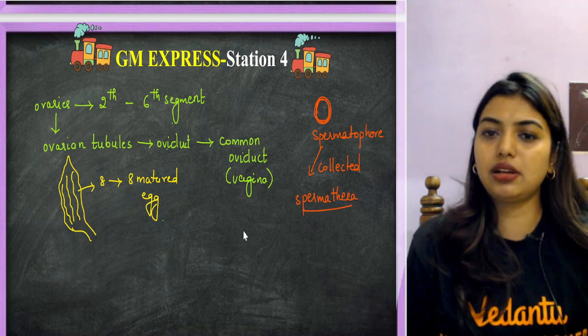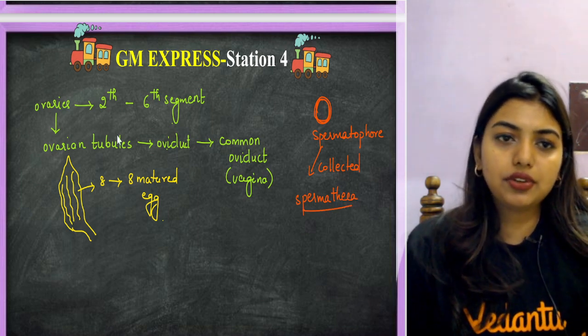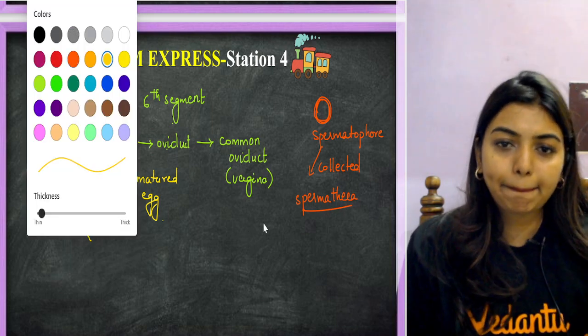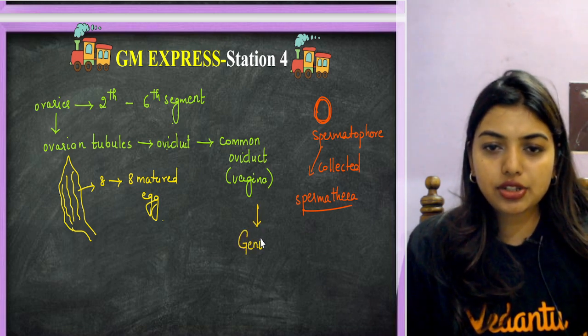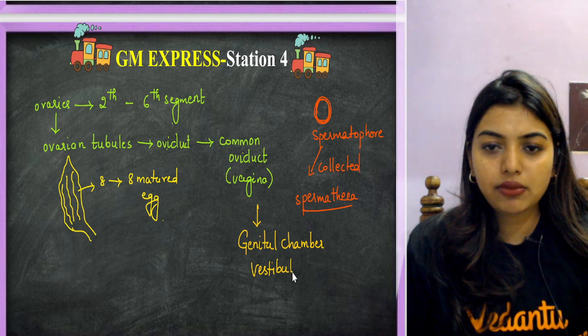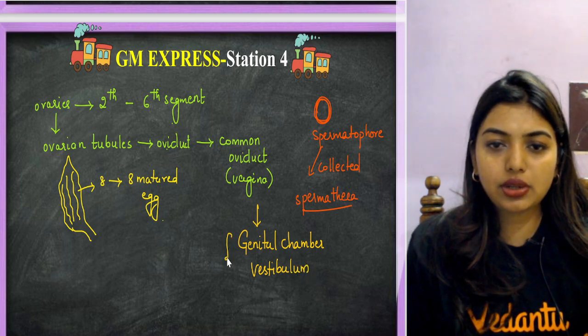Then after the fertilization, what is going to happen? The egg will go into the genital chamber plus vestibulum, which together will form the genital pouch.